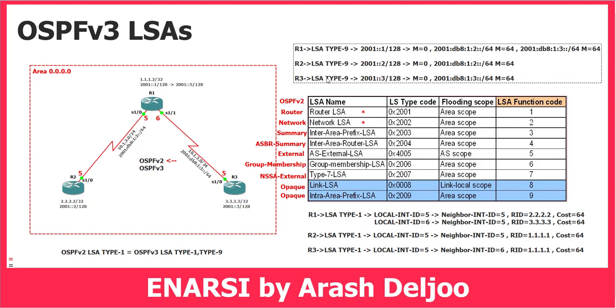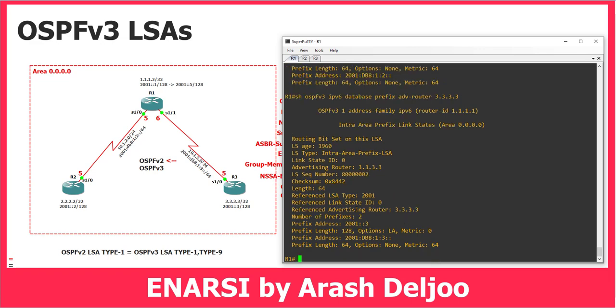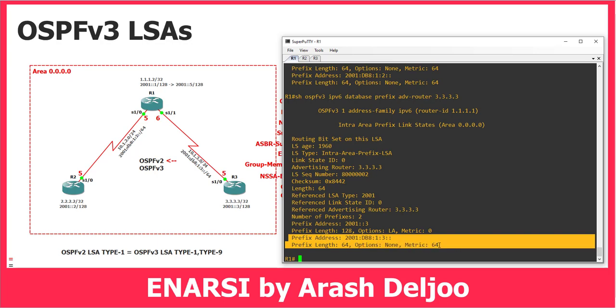Okay, I will show you. Here we can use show OSPFv3 IPv6 database prefix advertise router quad 3. As you can see, we have only these two lines. Advertising router is quad 3, and then 2001:db8:13::/64, meaning address prefix and prefix length. The metric is 64.